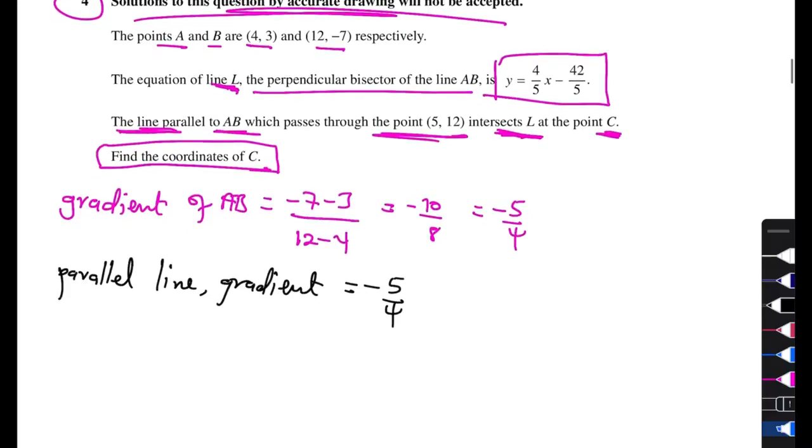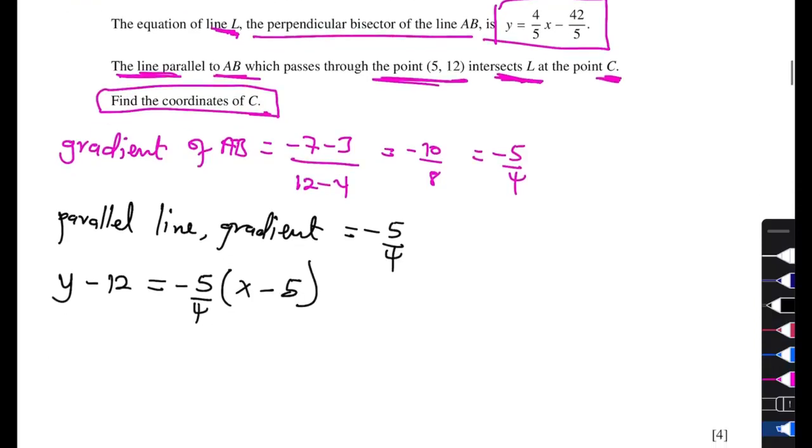Now we can find the equation of that line because we know the gradient and that line passes through a point, so we are good to go. We have y minus 5 is equal to the gradient, -5 over 4, into bracket x minus 12, because that's the x coordinate, so x minus 5.